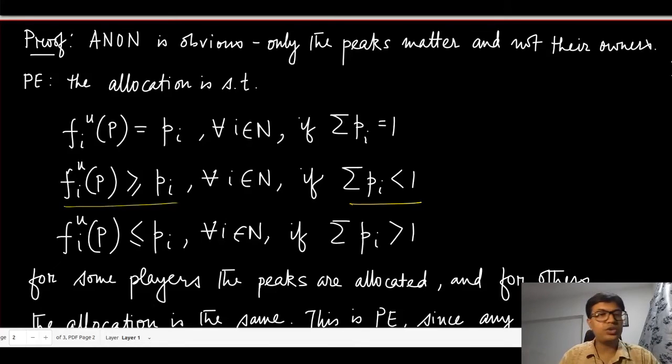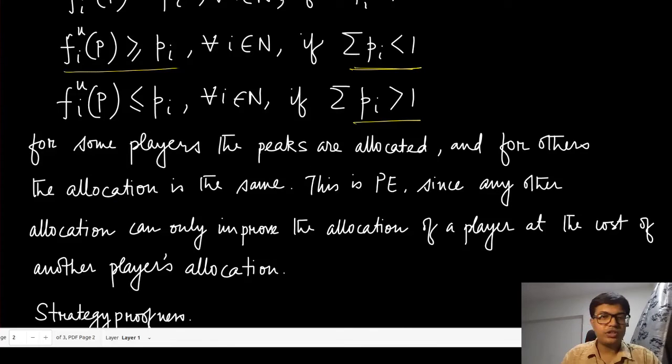So which is true in this case. This mechanism actually gives everybody overloaded, or at least its peak, if the sum of the peaks is less than 1. Similarly, for the other case, when the sum of the peaks is more than 1, then it gives at most their peaks. So therefore this mechanism is essentially Pareto efficient.